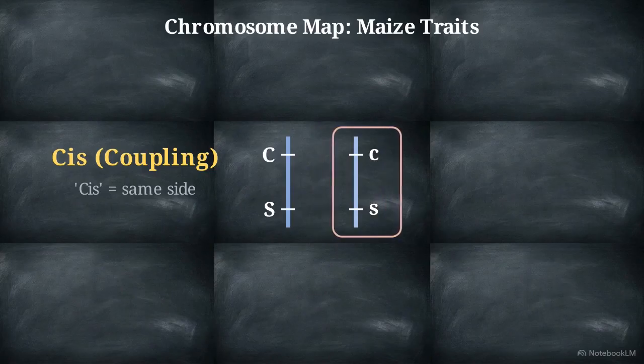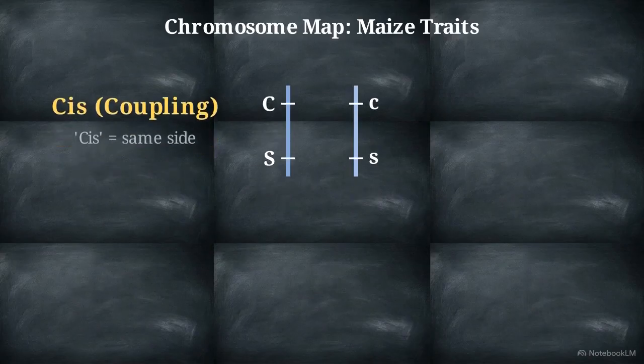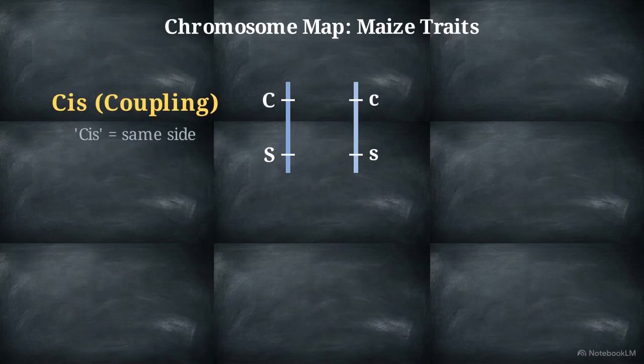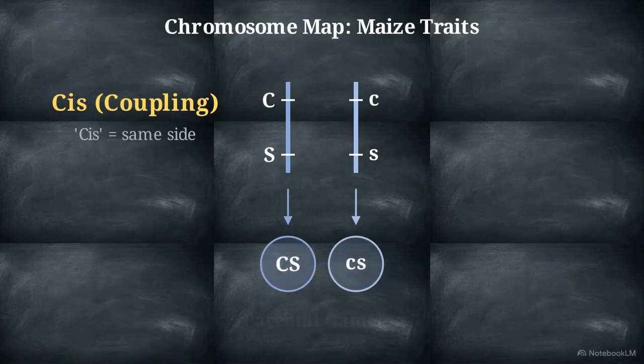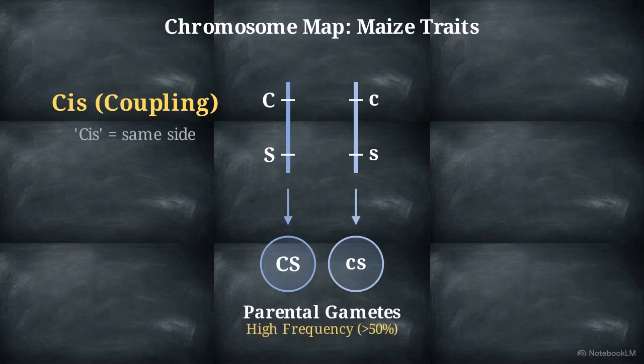It occurs in a dihybrid when both dominant alleles are physically located on one chromosome and both recessives sit on the other. When this parent forms gametes, the genes stay linked. That means the intact parental gametes, big C big S and little c little s, will be produced in high frequency, making up over 50% of the total gametes.